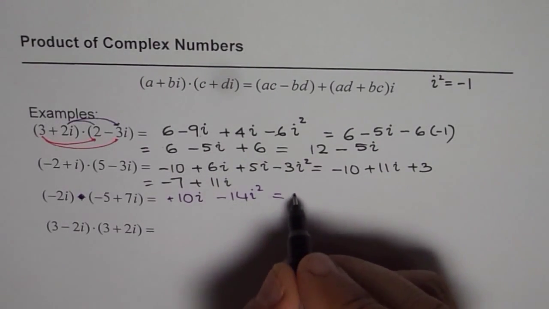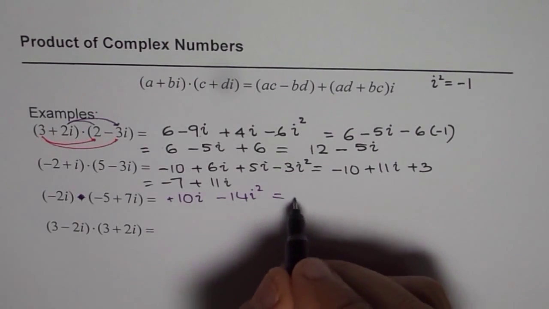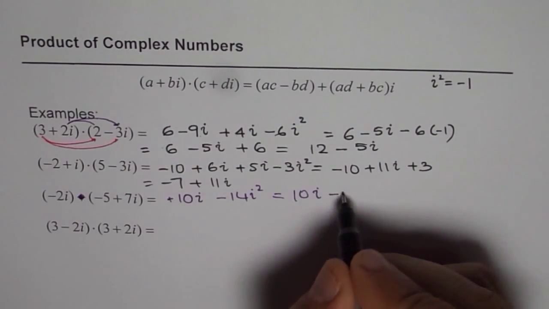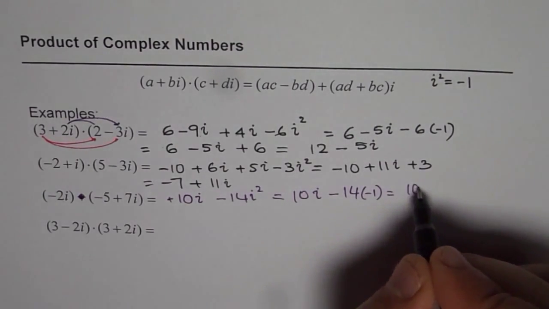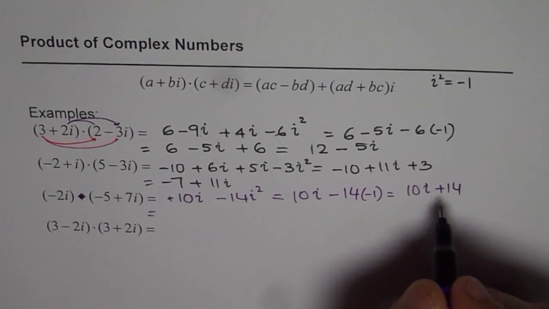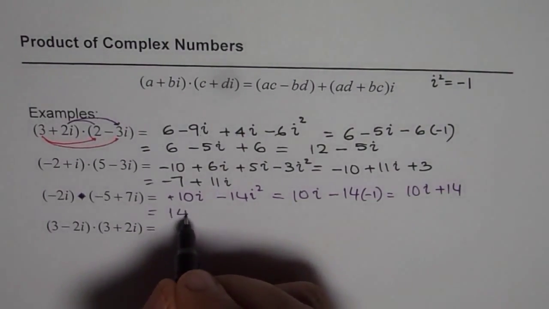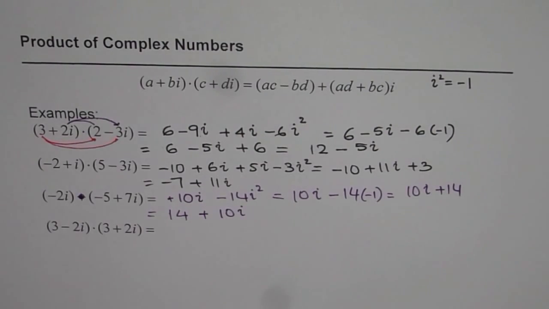As you know, −14i² will become plus 14. So 10i − 14, because i square is −1, correct? So we get 10i + 14. This could be rearranged. Always a good practice to write the real term first and then the complex term: 14 + 10i. So that is our answer, correct?